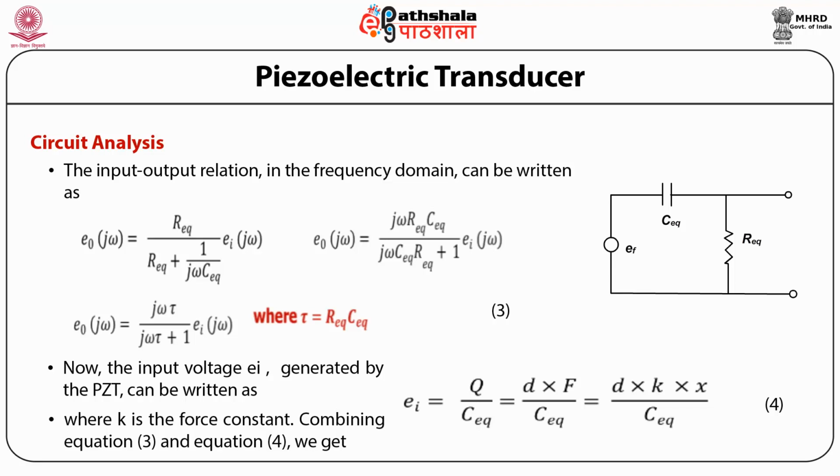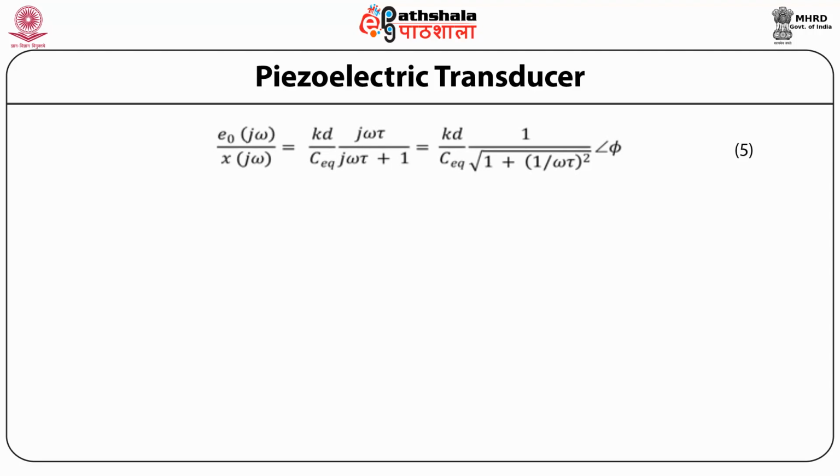So combining the above equations, we get E0(jω)/x(jω) = (k d / C_eq) multiplied by jωτ / (jωτ + 1).